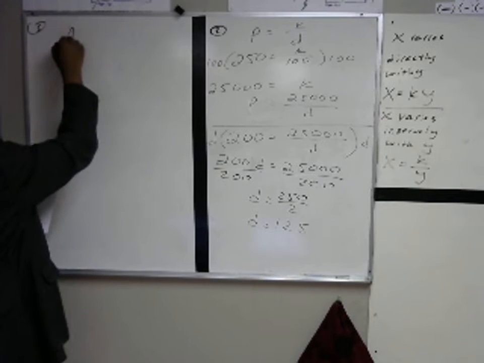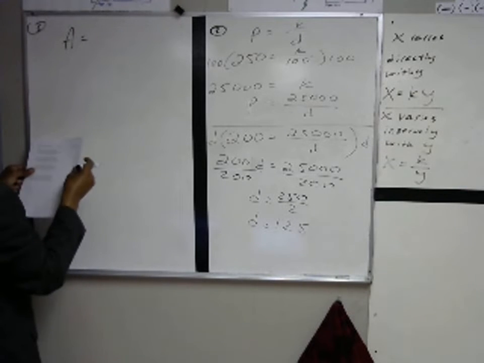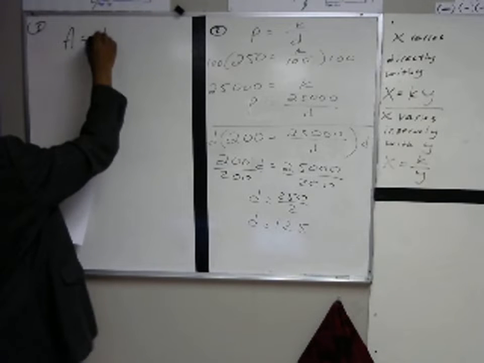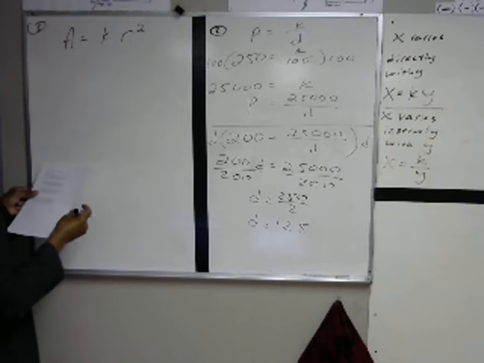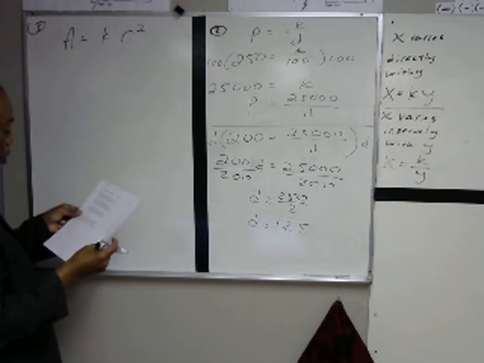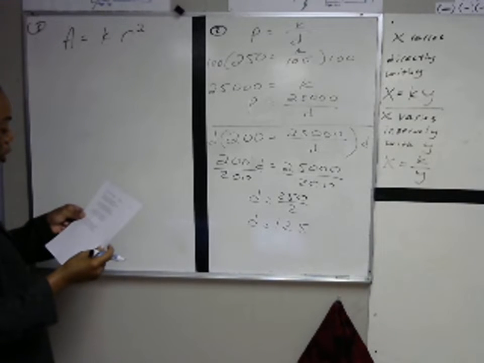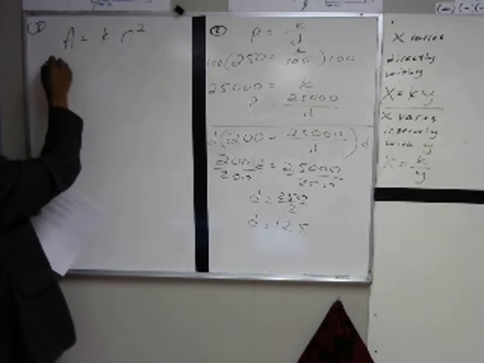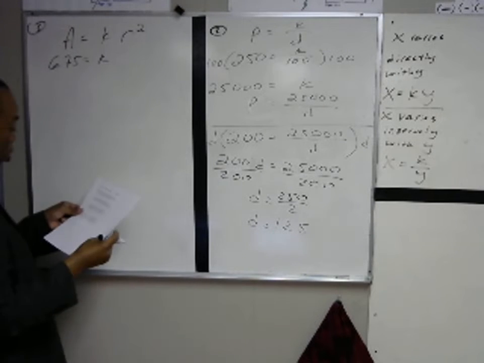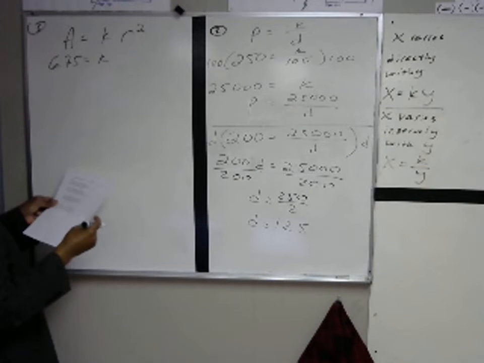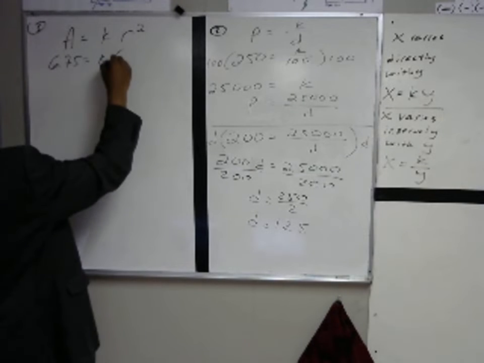Area of a circle varies directly with the radius squared. So it's K, and that's a radius, but the radius is squared. The area is 6.75, whereas the radius is 1.5.